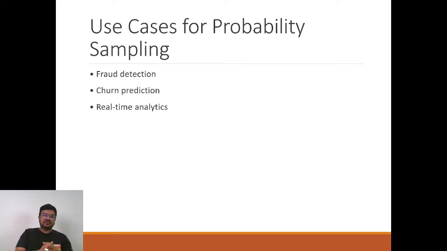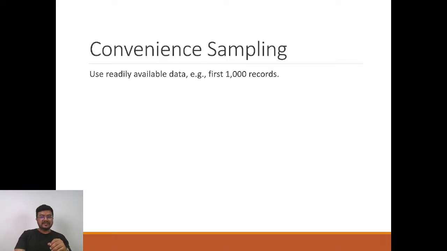Now, let's talk about non-probabilistic sampling. So first in that is convenience sampling, right? What is convenience sampling? All these types, their names suggest what they do, right? You don't have to look for anything else. If you are good at English, you can understand what convenience does. So what does convenience mean?